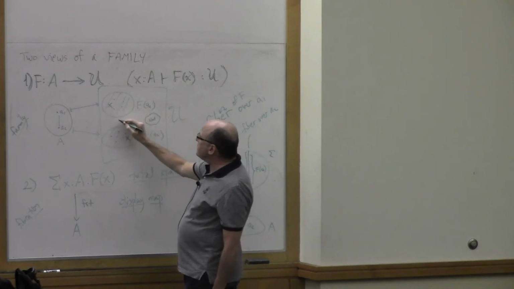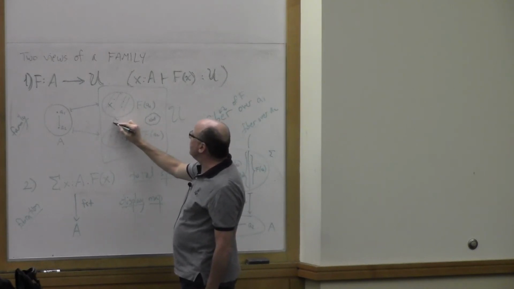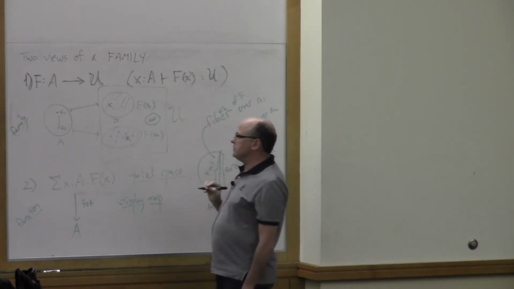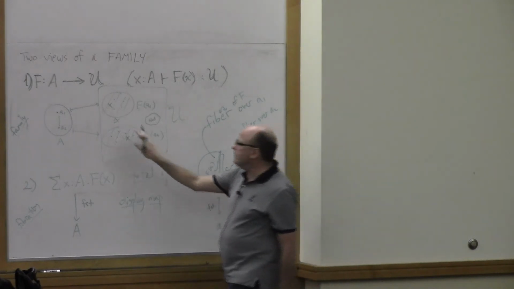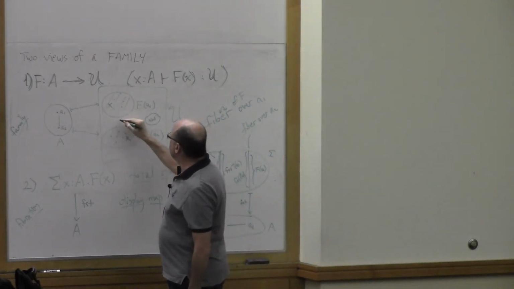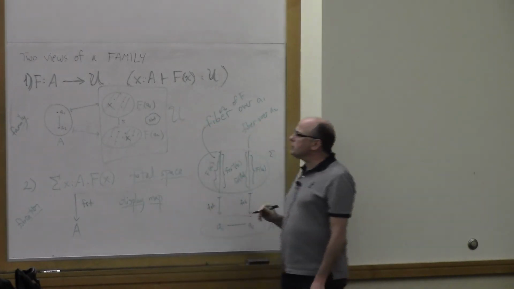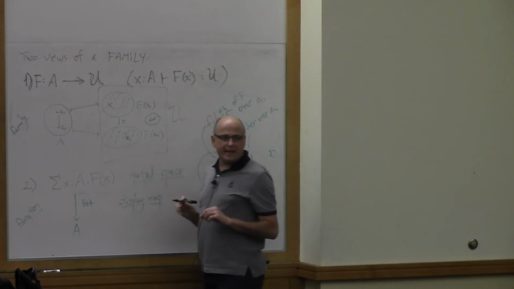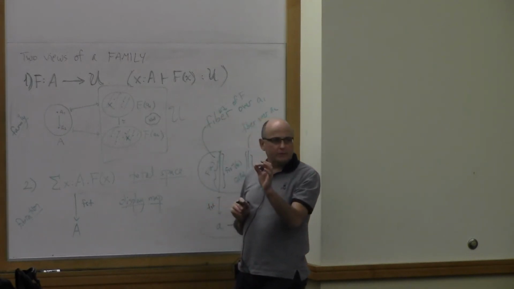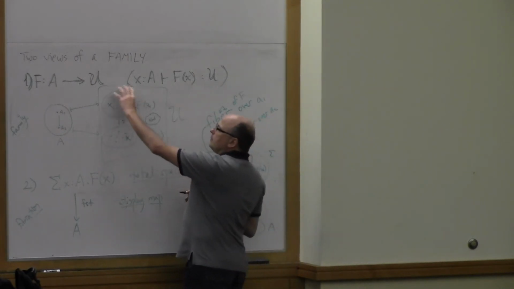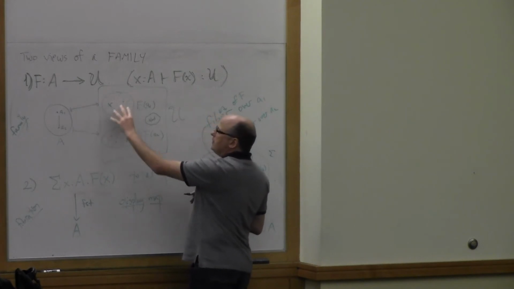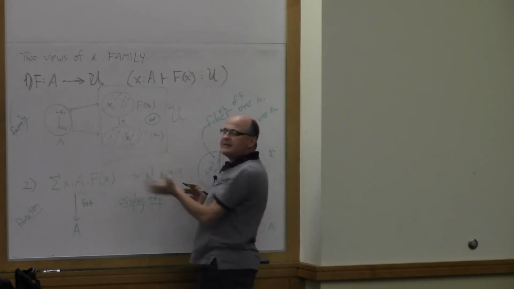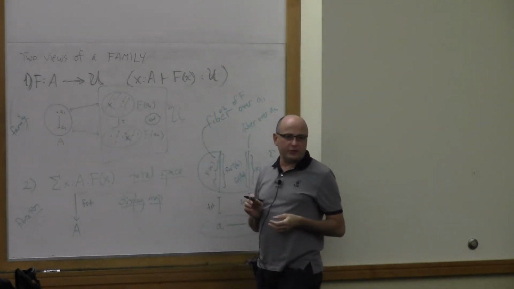And that identification would naturally be thought of as some kind of an equivalence between them. Okay, that these two guys that we've written here should be equivalent, right? If A1 is to be regarded as the same as A2, I've identified them, then the balloon associated with A1 should in some sense be the same as the balloon associated with A2.